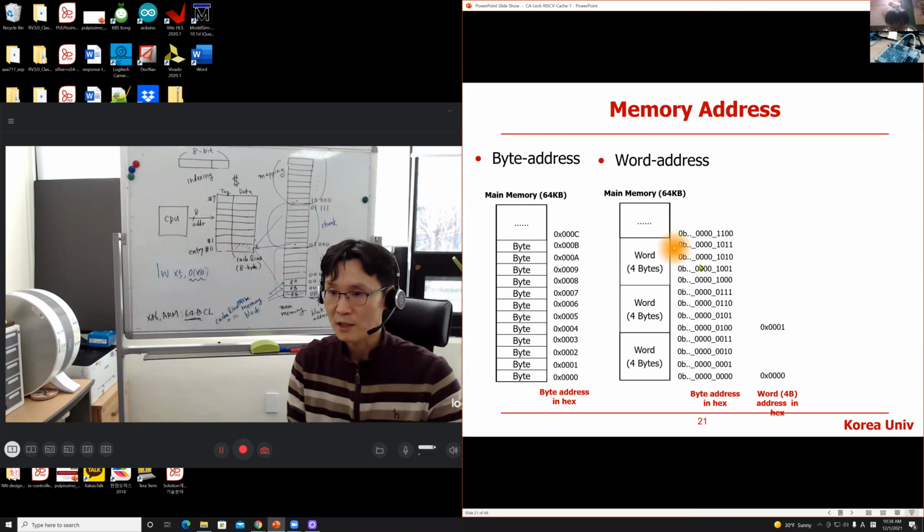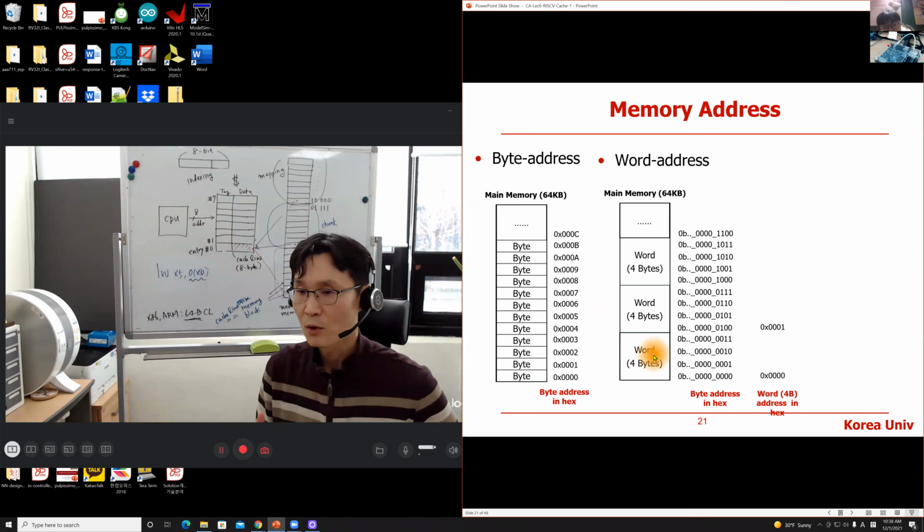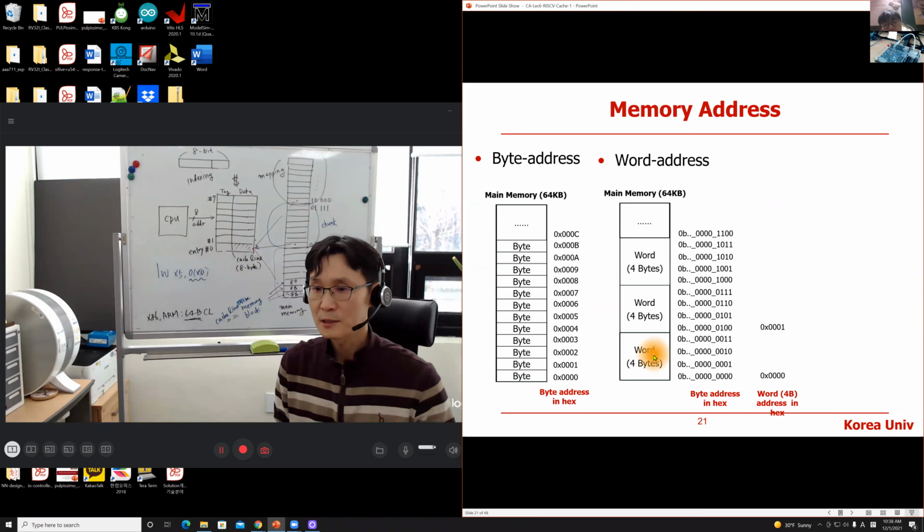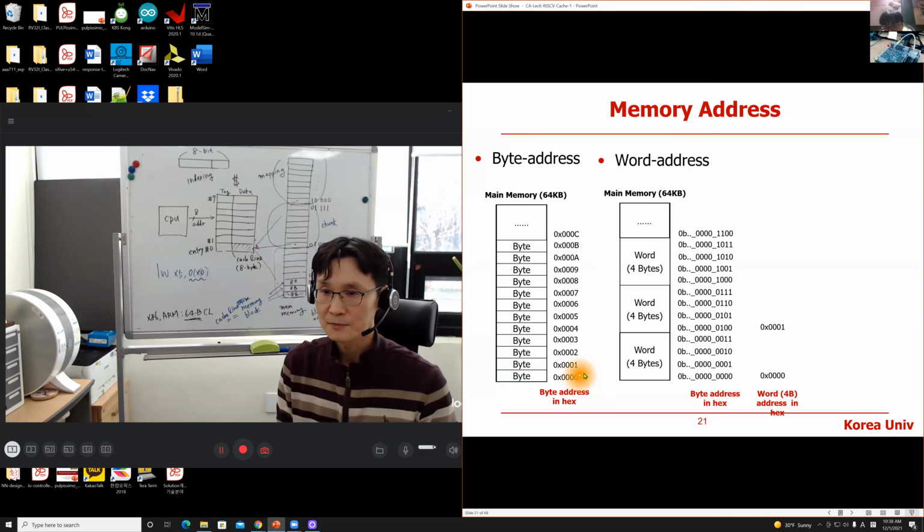Then word address. How do you get word address? In a RISC-V CPU, one word is 4 bytes, right? So from this byte address, hexadecimal number, and there is binary number. If you represent that hex number in binary, that is a 1, right?